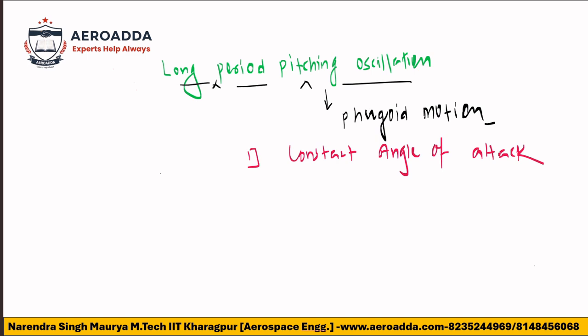Okay. Next, the very important parameter, that is the outcome again: altitude will not be constant. So there is a change, or variable altitude.